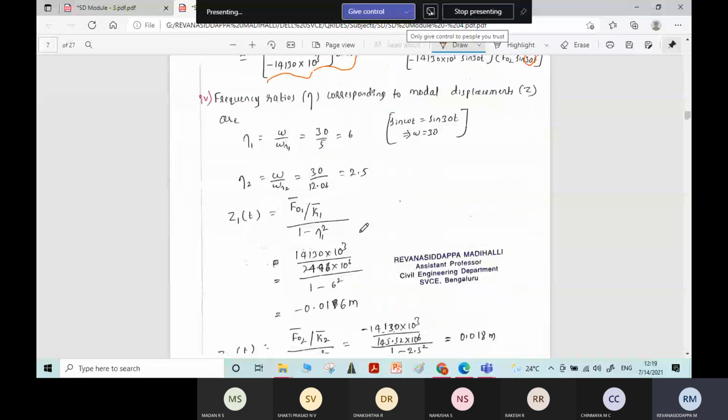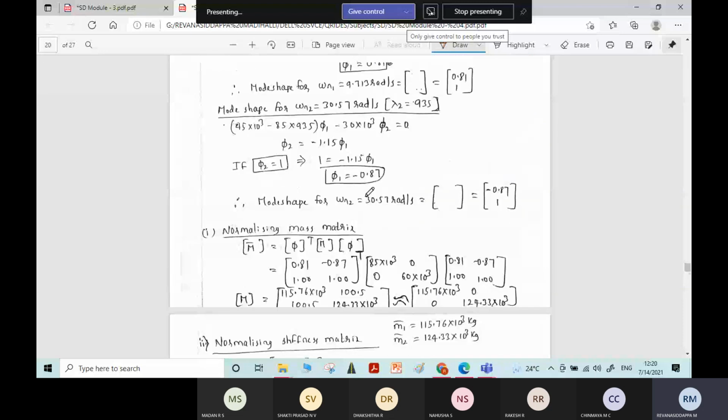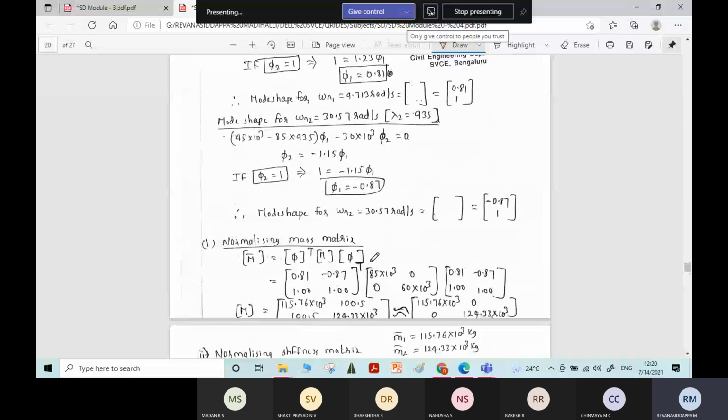Initially, finding the natural frequencies and the mode shapes is the same only. So mode shape values we got. Normalizing the mass matrix, normalizing the stiffness matrix, and after that, normalizing the damping matrix. We need to multiply the damping matrix with pi transpose and pi. Then normalizing the excitation force.